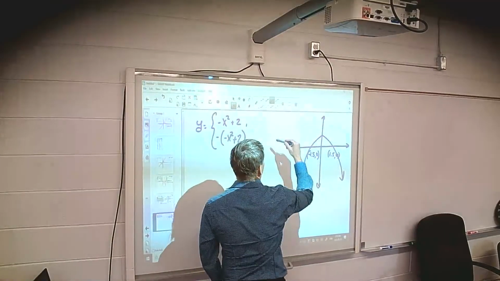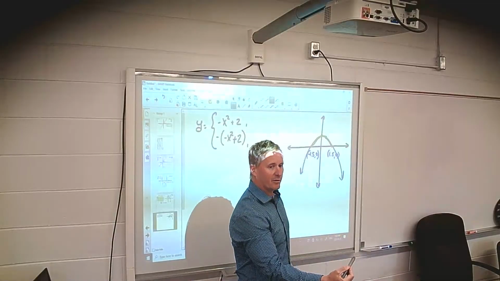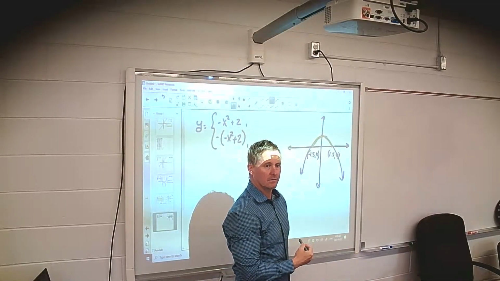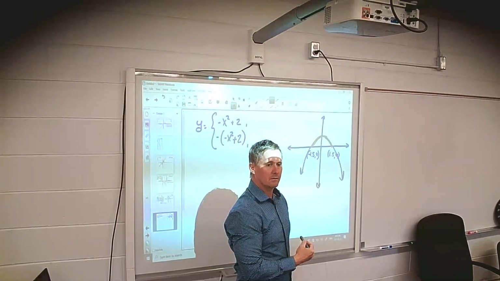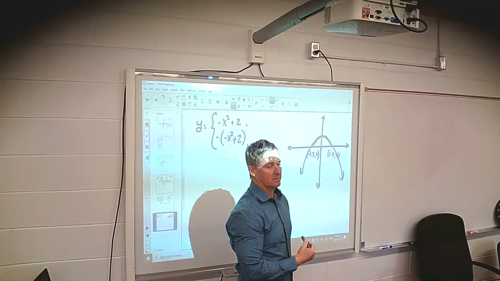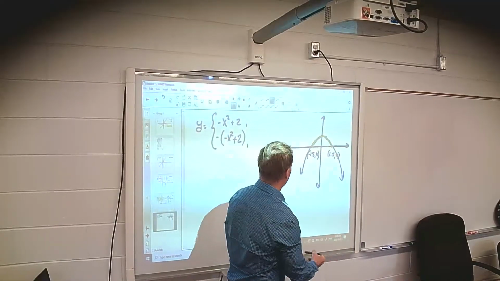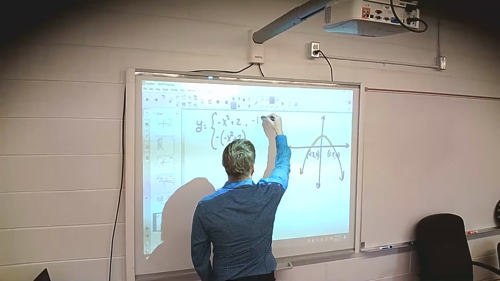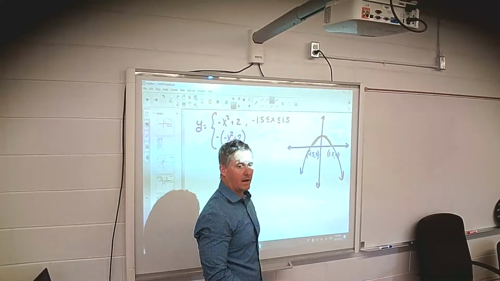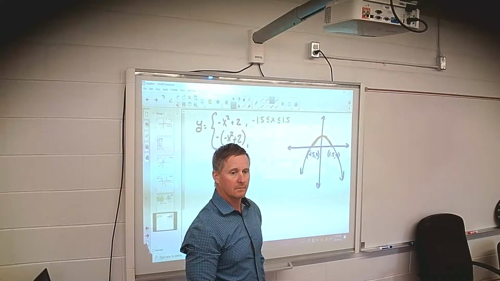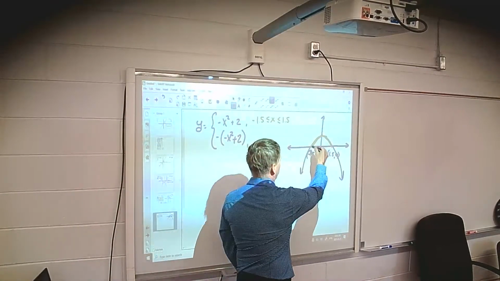You're using this part of the graph, are you not? So how do you explain the domain of that? X is greater than negative 1.5, and x is less than 1.5. There you have it. That's the only part of the graph you use, between here and here.